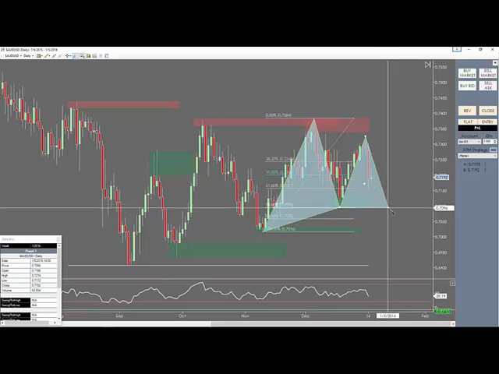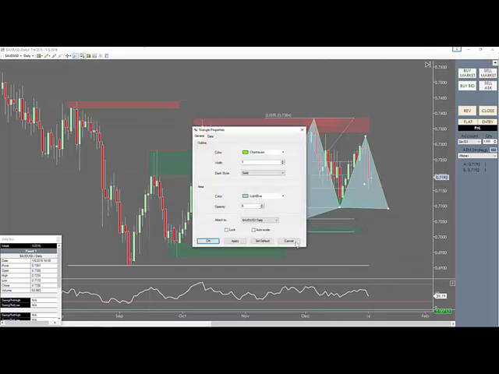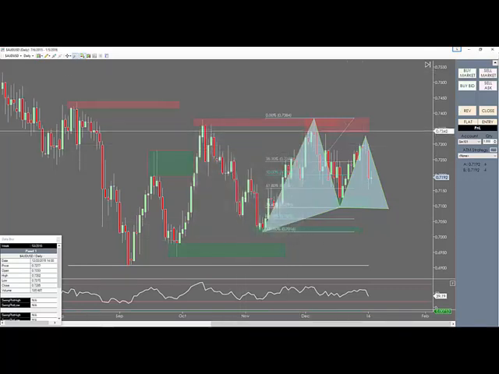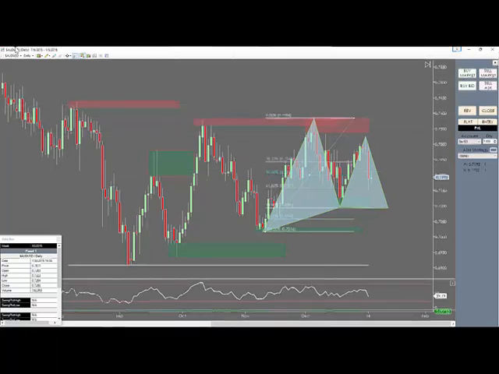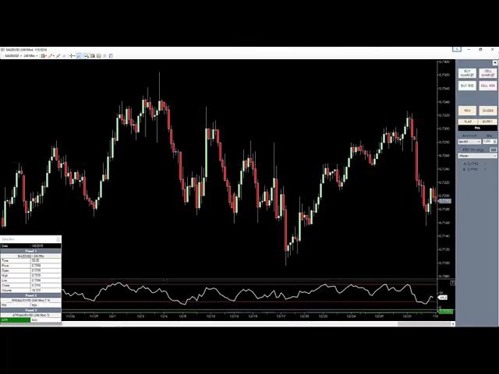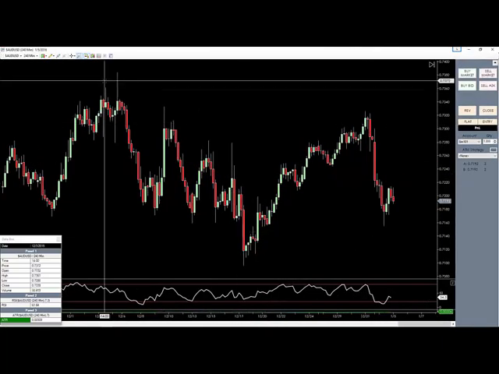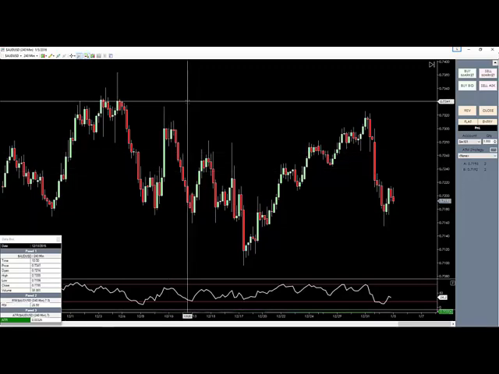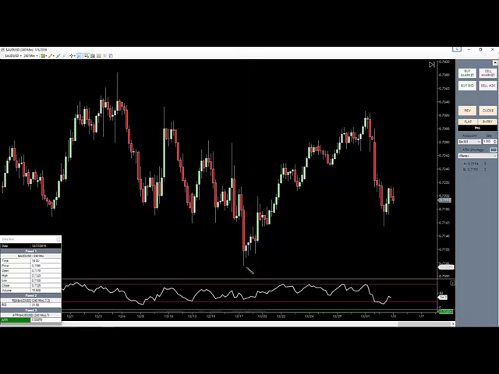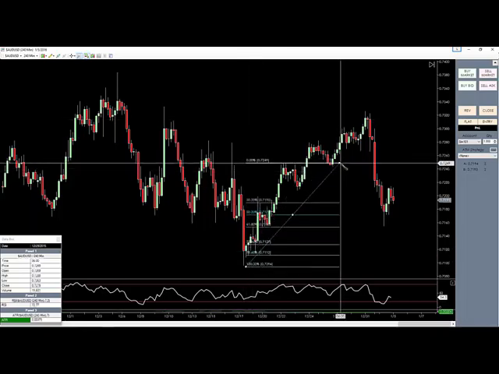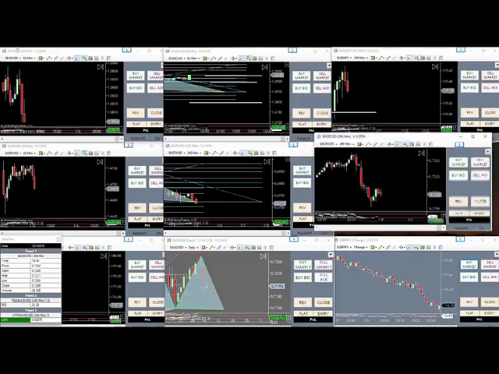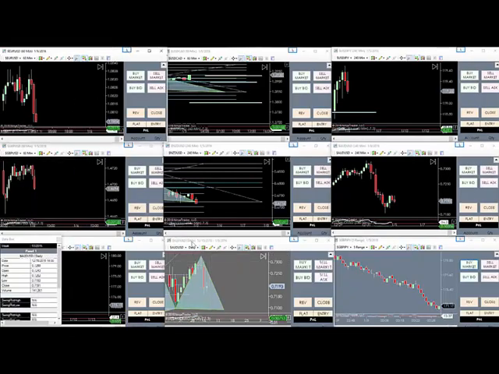There's the deep Gartley pattern right there, about the same level. So for longer term traders, you can take a look at the Gartley pattern setting up on the daily for the Aussie dollar. Although there's nothing much on a lower time frame, so we can skip that one.